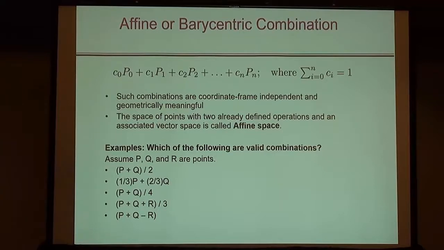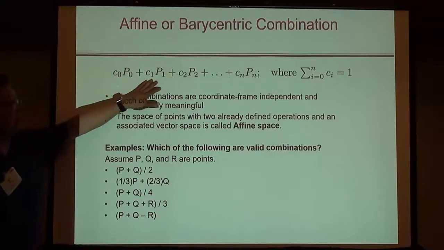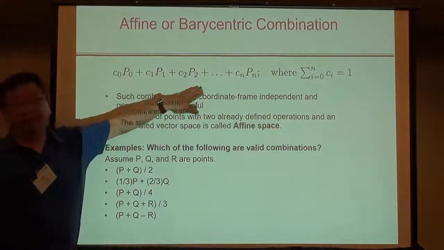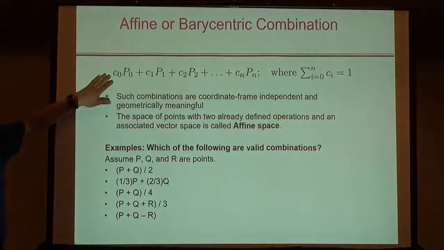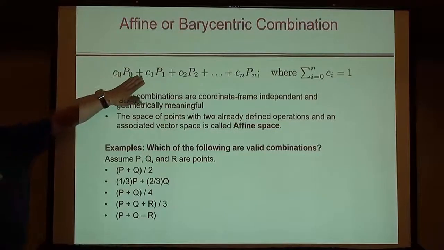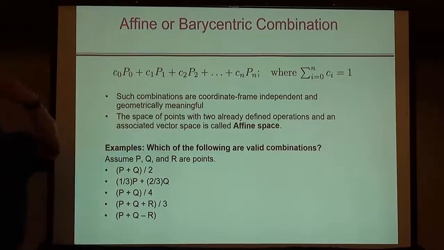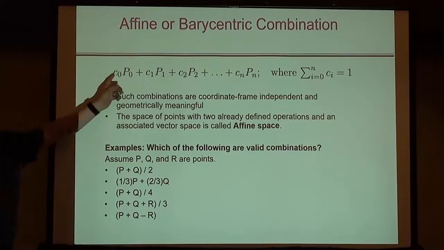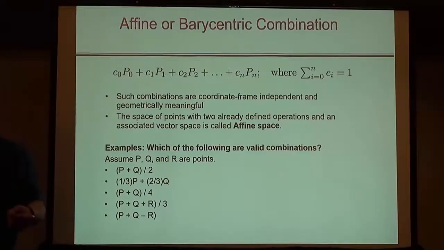segment. Okay. Likewise, if you have three points, P0, P1, P2, the barycentric coordinates will be C0 plus C1 plus C2 equal to 1. And that means three points form a triangle. Okay. If all three C's are positive, you will get a point inside of the triangle.